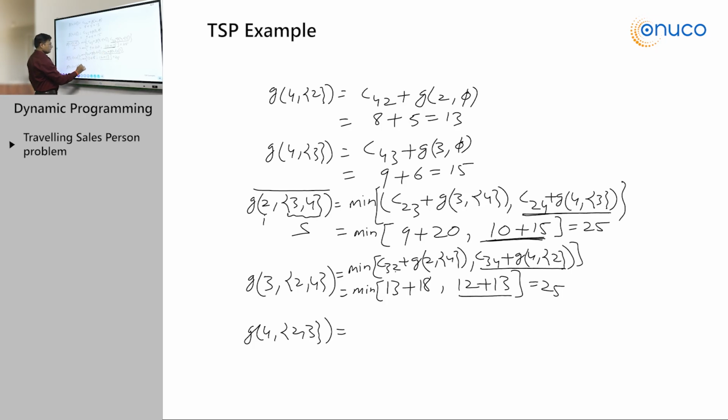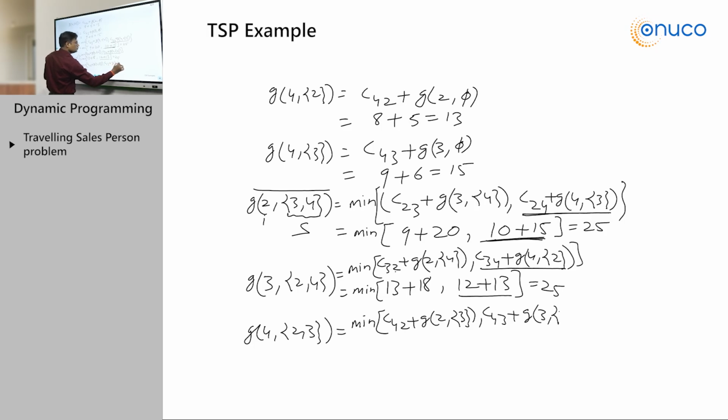Alright. Similarly, we are going to find out the next values. Min of C of 4, 2 plus G of 2, with {2, 3} minus 2 being 3, comma C of 4, 3 plus G of 3, with {2, 3} minus 3 being 2.